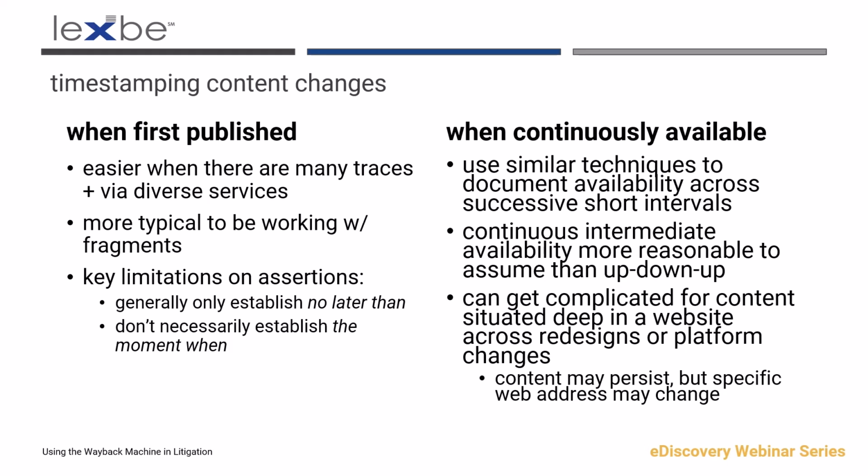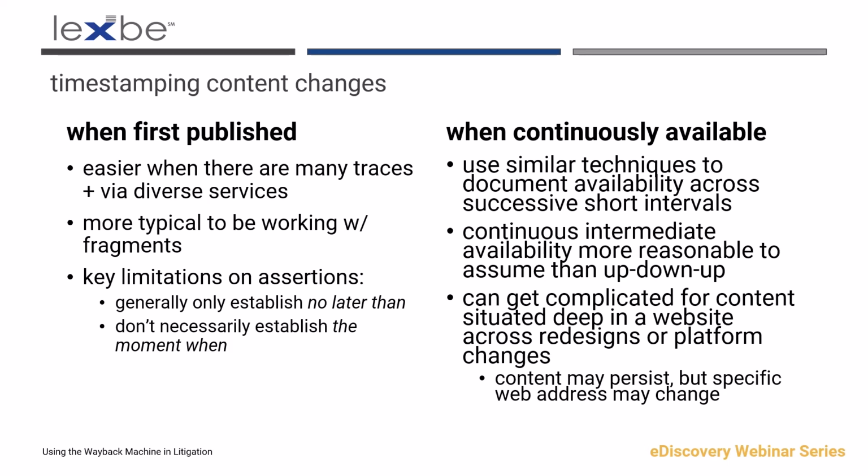When trying to determine the period of time over which information was continuously available, similar techniques can be employed as with trying to determine when information was first published. For example, canvassing captures of a web page in the Wayback Machine over successively shorter intervals to narrow down a time range.